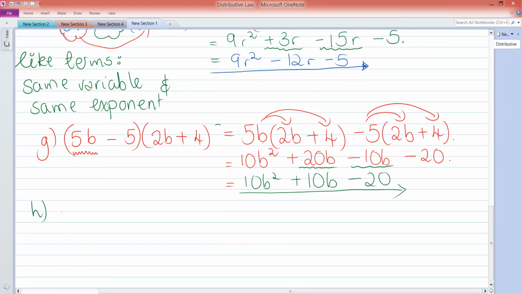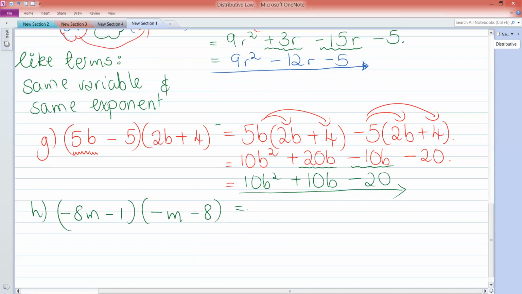Let's do this one now. Now, I'm going to introduce negative 8m minus 1 into negative m minus 8. So don't let the negative sign scare you. We're going to be applying the same principle.